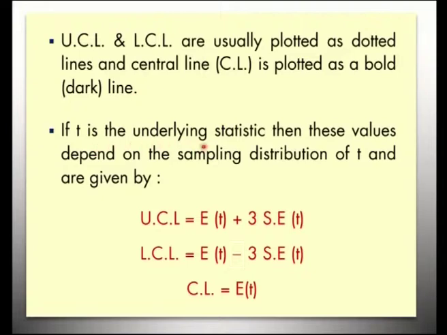If T is the underlying statistic, then these values depend on the sampling distribution of the statistic T and are given by UCL equal to expectation of T plus 3 times standard error of T, and LCL, the lower control limit, equal to expectation of T minus 3 times standard error of T, and the central line, which is just the mean, expectation of T. This statistic T will be either mean, range or standard deviation.